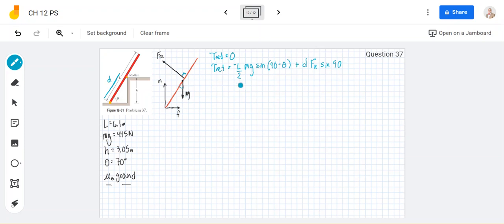And so I end up with a problem that looks like this, where I have the distance to the roller force times the roller force, sine of 90 is 1, is equal to L over 2 mg times the sine of 90 minus theta.